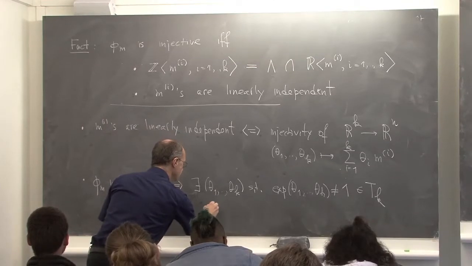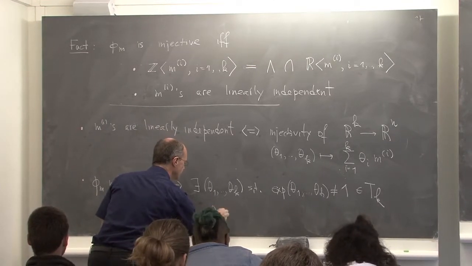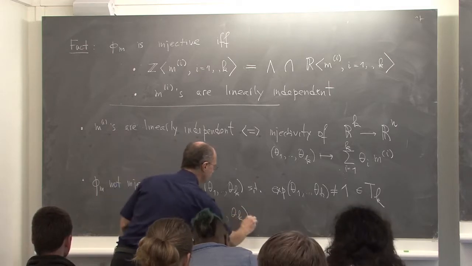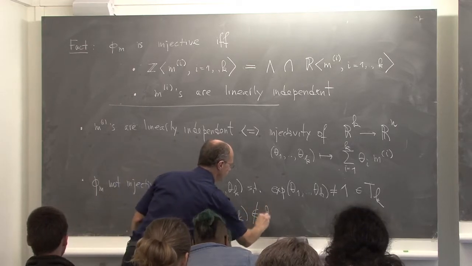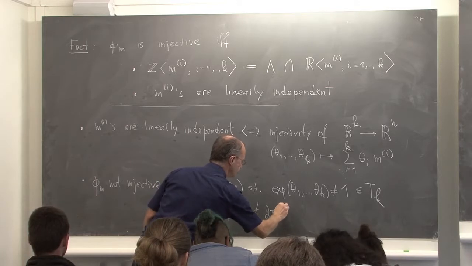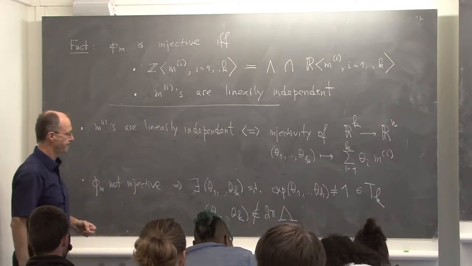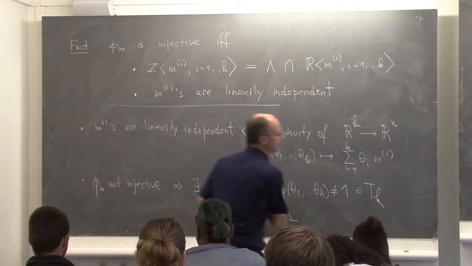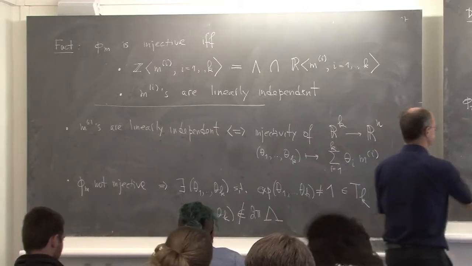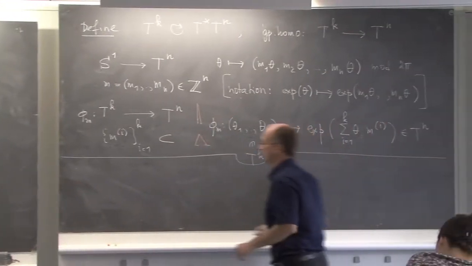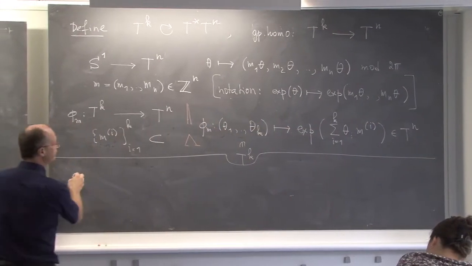And this means that theta 1, ..., theta k is not a point in 2 pi Z to the k. But the image is 1.